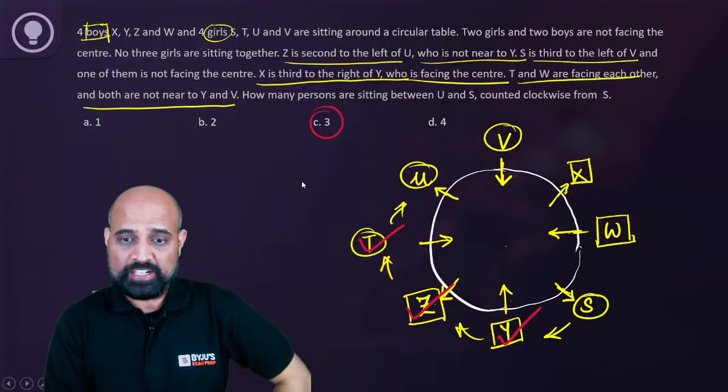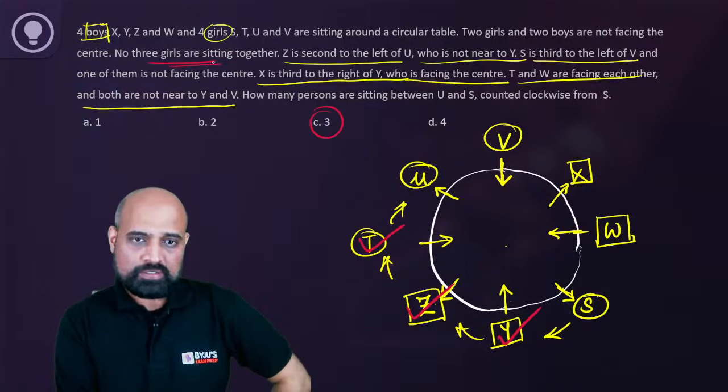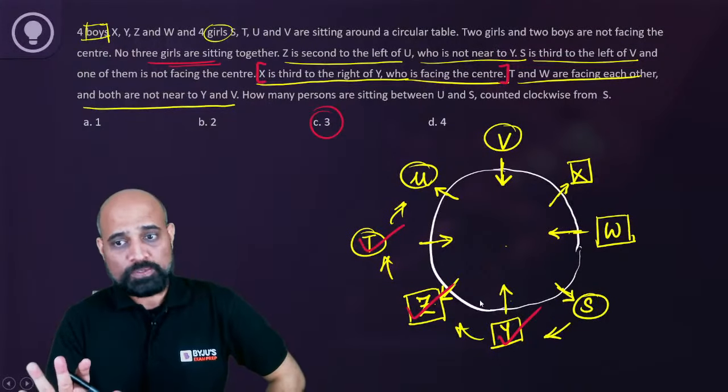X is third to the right of Y. Okay, why is this condition? हमने तो fixed चीज से शुरू किया था. We started with this. X is third to the right of Y and Y is facing the center. ये तो fix है, इसमें तो कुछ change नहीं कर सकते.